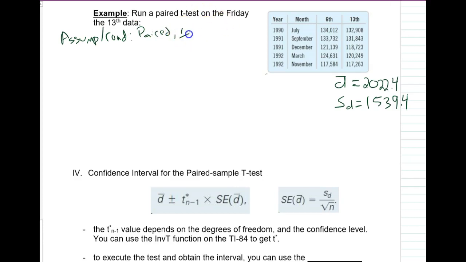I would want to take a look at the independence, make a comment on whether I would expect the differences to be independent. I would comment on the 10% rule. I would comment on whether the pairs were selected at random. And then I would have to consider the nearly normal condition. And that requires us to run the histogram.